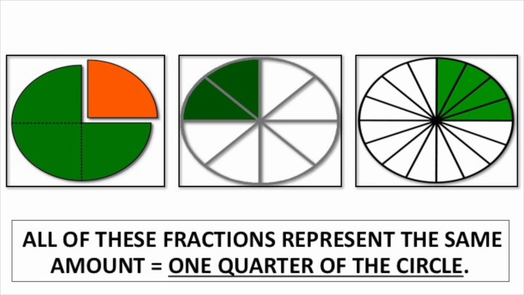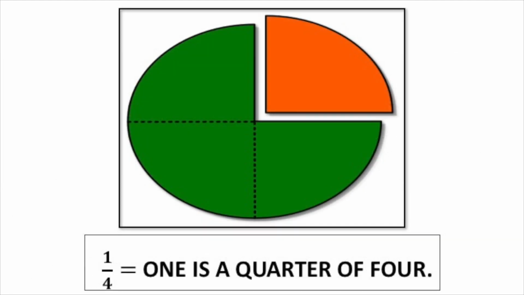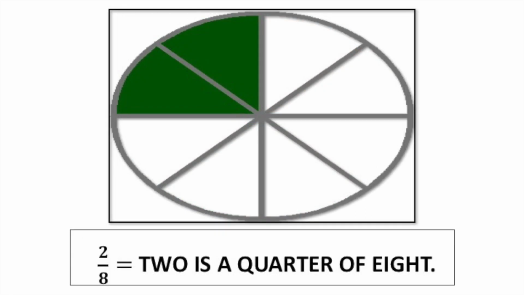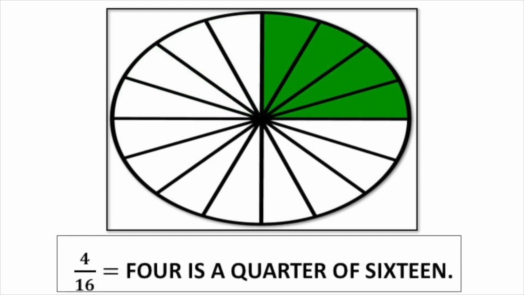In the previous lesson, we learned about equivalent fractions that were half the circle. But equivalent fractions don't need to be half. As you can see, we can have quarters as equivalent too. 1 over 4, 1 is 1/4 of 4. 2 over 8, 2 is 1/4 of 8. And then the last one we looked at, 4 over 16. 4 is 1/4 of 16.